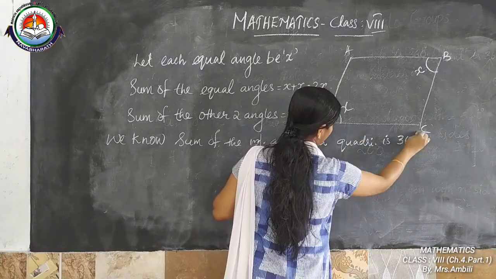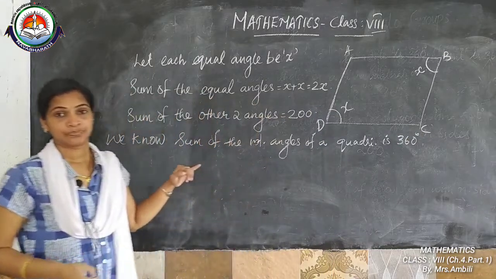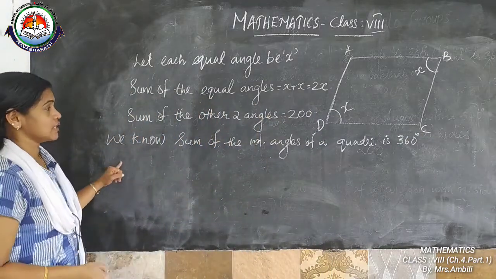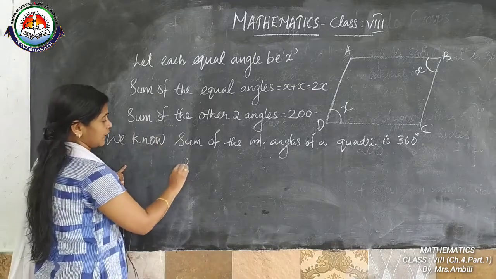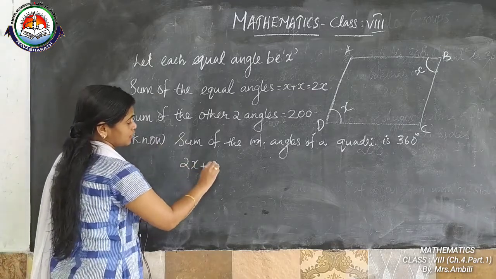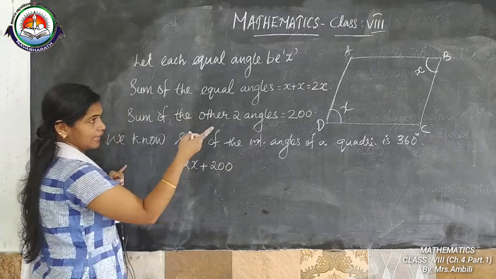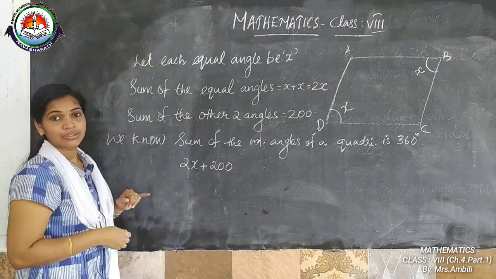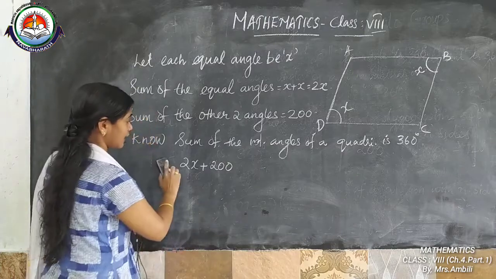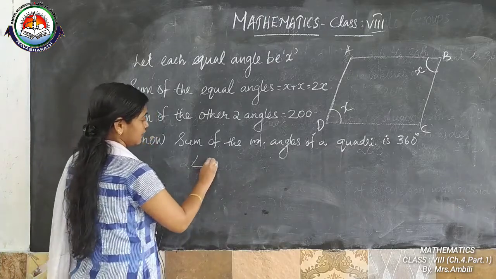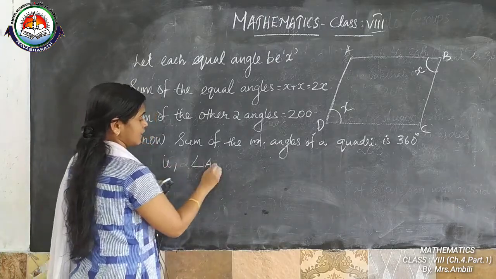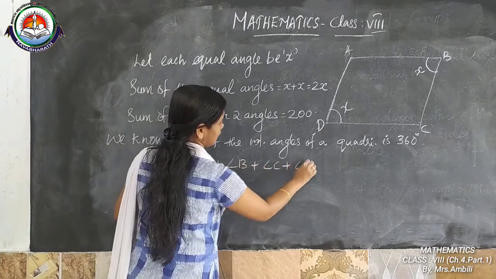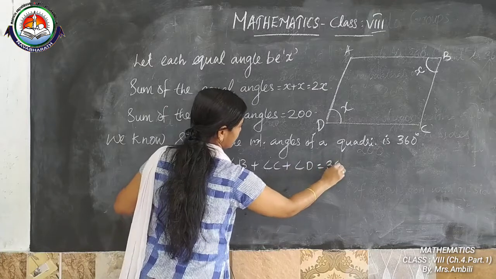That is the angle sum property of a quadrilateral. So we can write 2x plus 200, that is angle A plus angle B plus angle C plus angle D equals 360 degrees. If you need, you can write that first: angle A plus angle B plus angle C plus angle D equals 360 degrees.